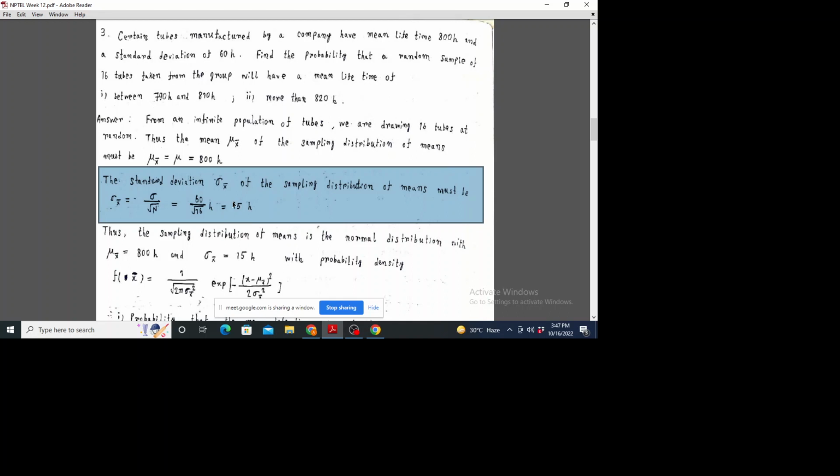So for our sampling distribution, the standard deviation will be sigma by root n, which is 15 hours. So mu x bar is 800 hours and sigma x bar is 15 hours. This is just the property of the sampling distribution.